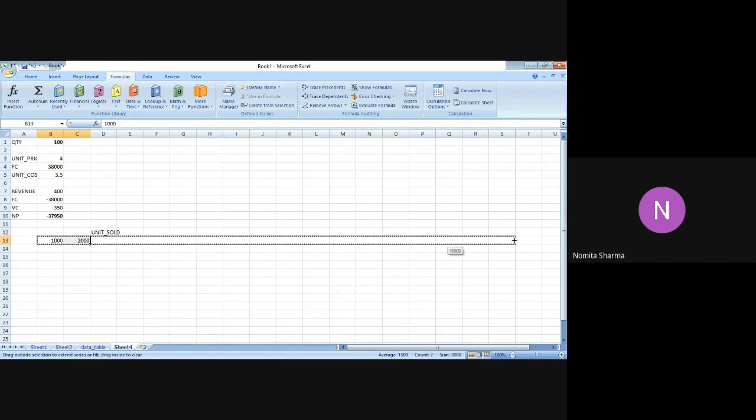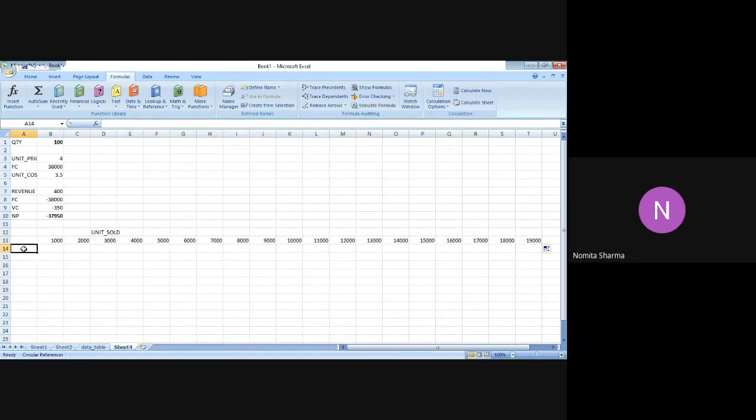Let me just do it till 19,000, right? And vertically I'm going to have a unit price which as of now is 4. So let me see if the unit price is increased by 0.5, then 5, and then 5.5, and that's how.